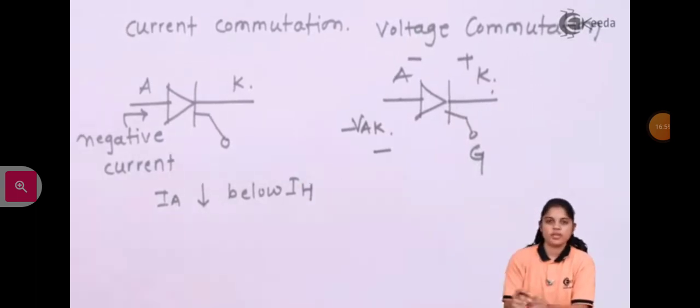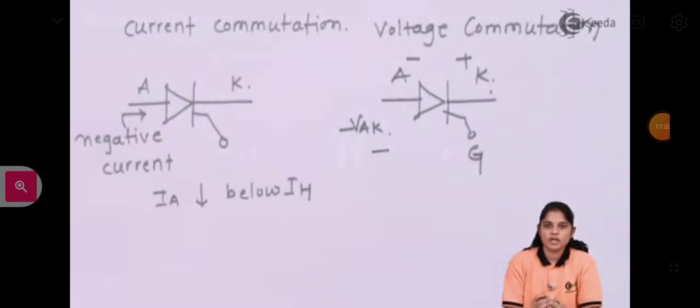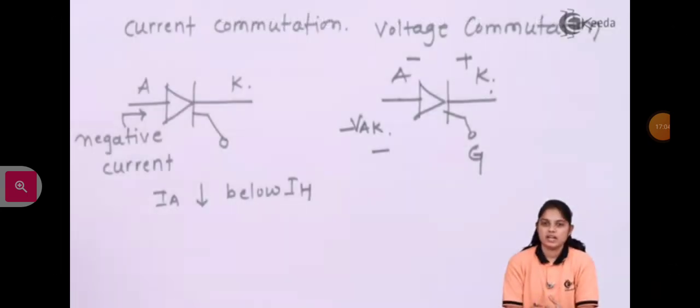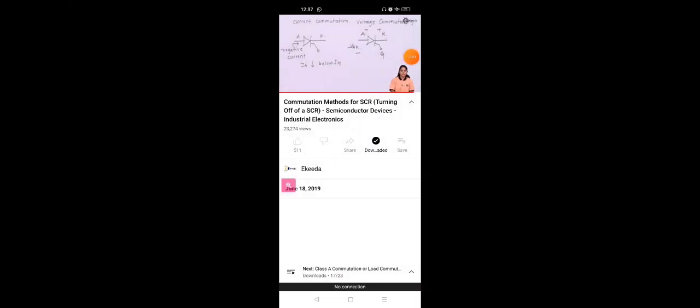So these are the two methods, but both phenomena take place by using an external device, so it is also known as forced commutation. I hope you have understood what is natural commutation.